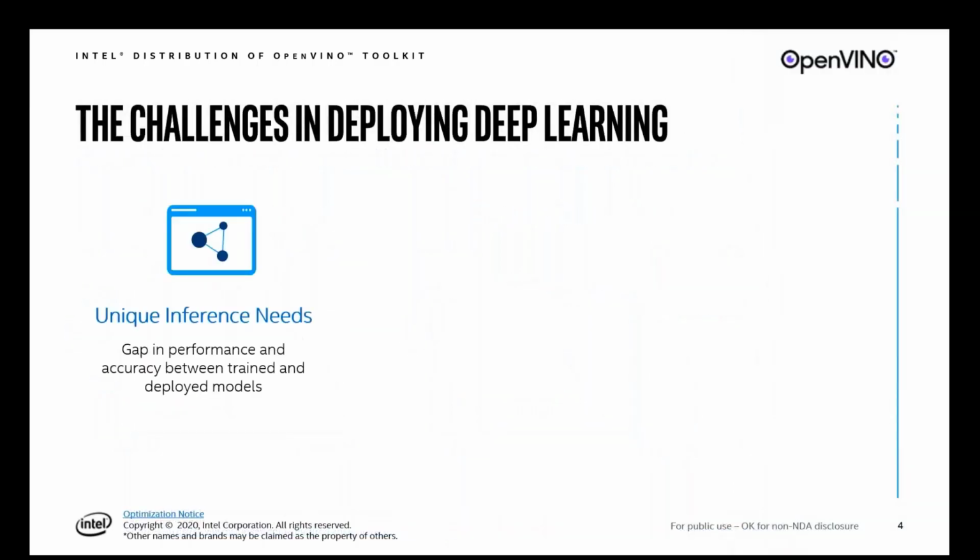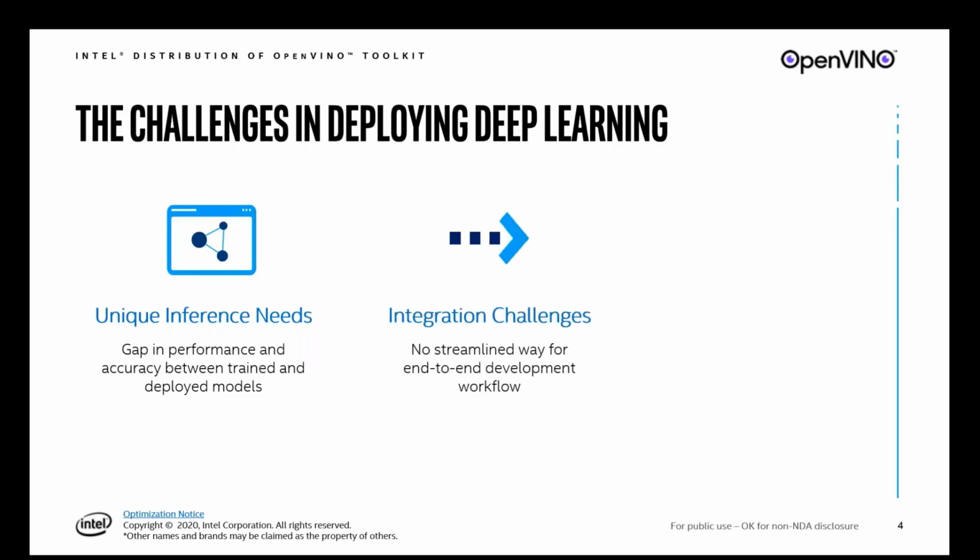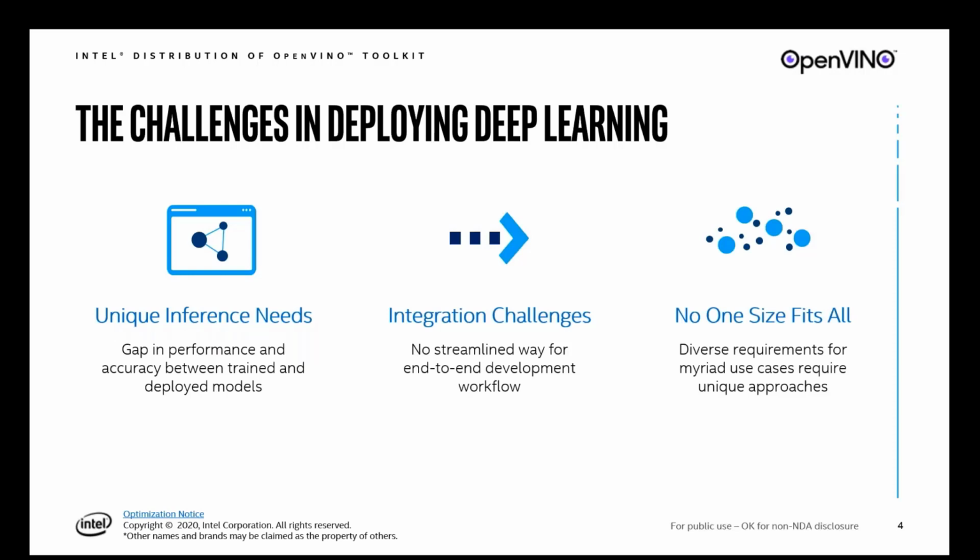So what are some of the challenges that we ran into? One is a gap in performance and accuracy, as we've talked about, between trained and deployed models. The trained models, as an example, we're using our pre-trained OpenVINO models in the Intuiface native integration. So those are models that are provided with OpenVINO.